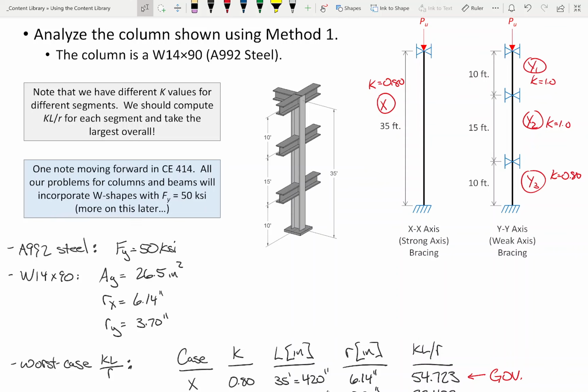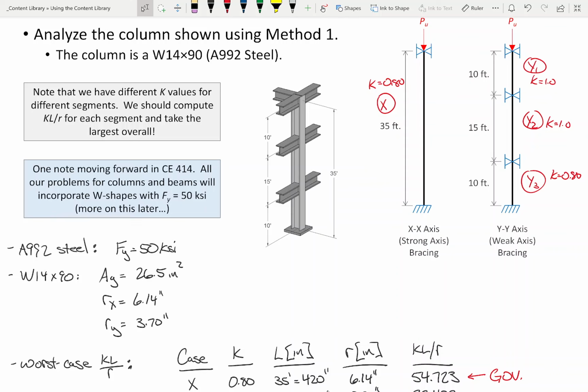Look at the K values. Which one has the largest K value? Well, Y1 and Y2. And of Y1 and Y2, which one's longer? Y2. So was it really necessary to compute Y1 and Y3? No, it wasn't. We're doing it now just so that we can understand what we're doing.